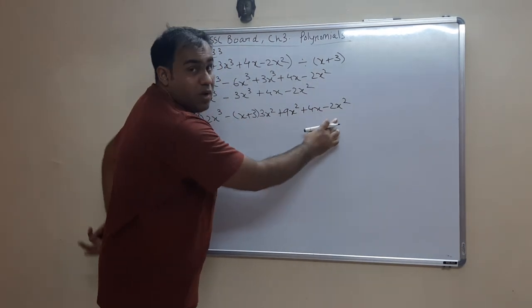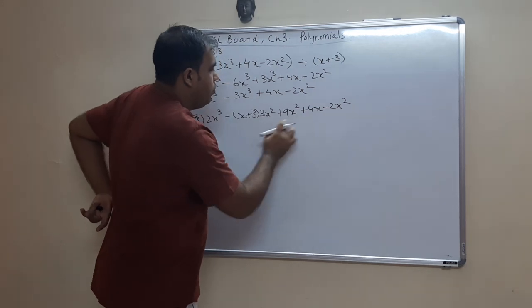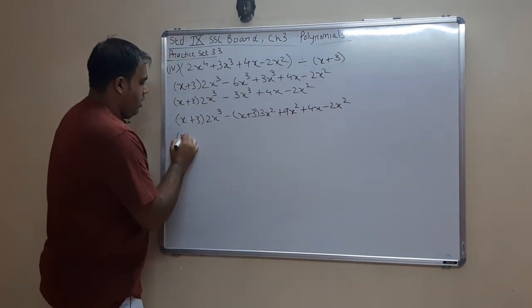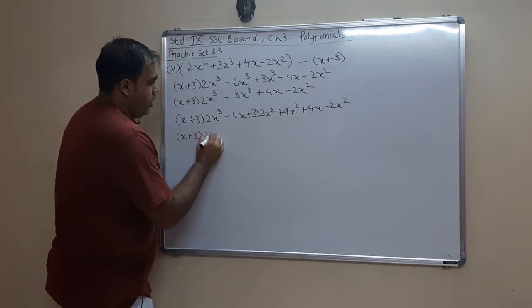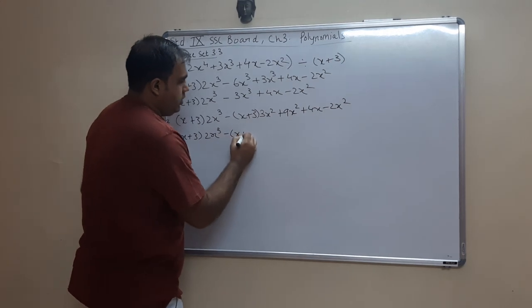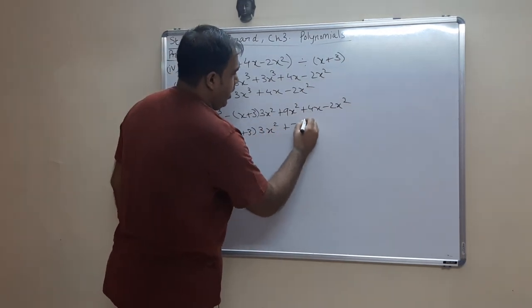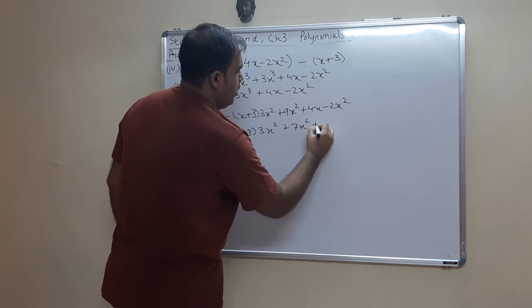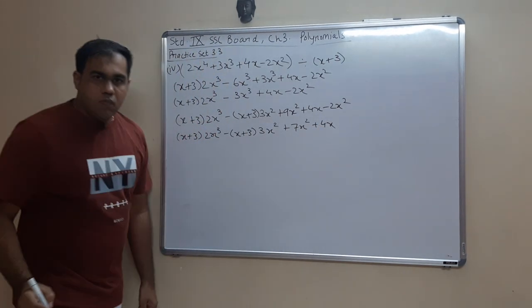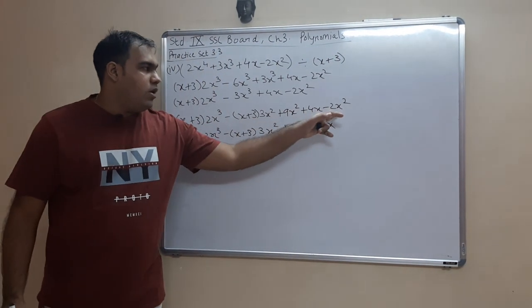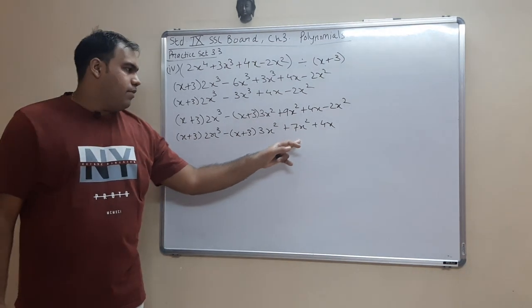Now you will see 9x² minus 2x² can be done, which will give you 7x². Okay, x plus 3 2x cube minus x plus 3 3x² plus 7x² plus 4x. So 9x² minus 2x² gives 7x².